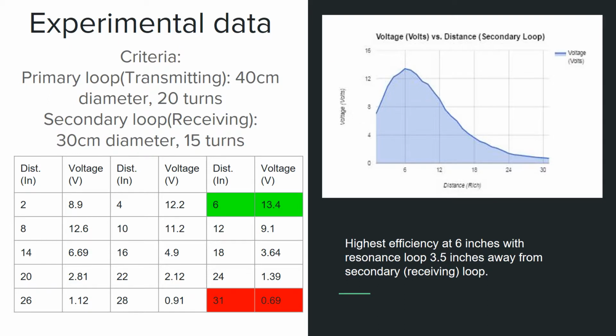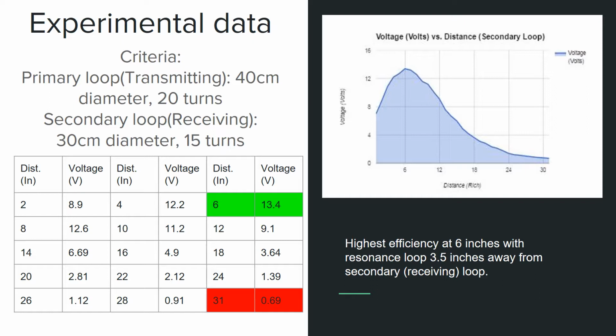Here you're looking at the experimental data. For the criteria, the primary loop, the transmitting loop, was again 40 centimeter diameter with 20 turns, and the secondary loop, the receiving end, was a 30 centimeter diameter with 15 turns. If we look to the right of this slide, we can see a graph representing the voltage versus the distance.